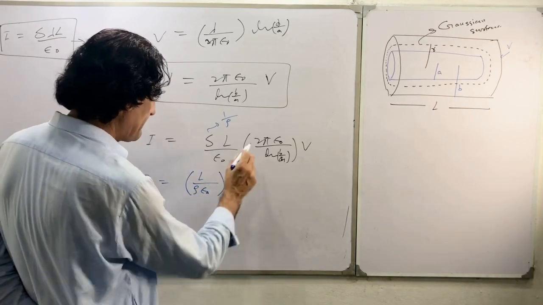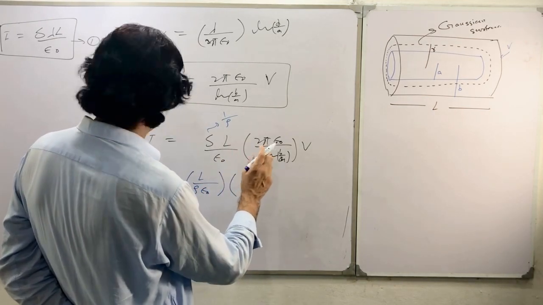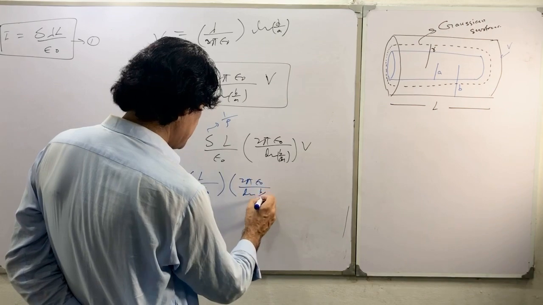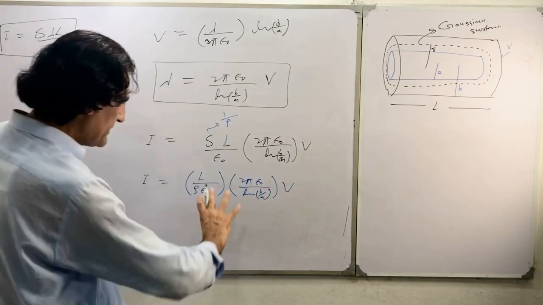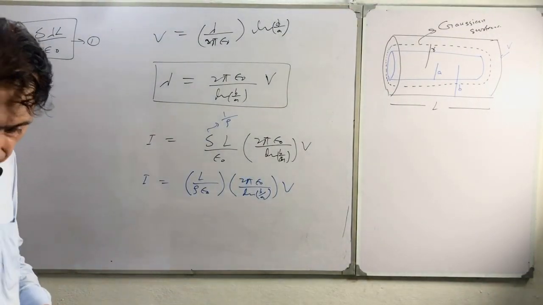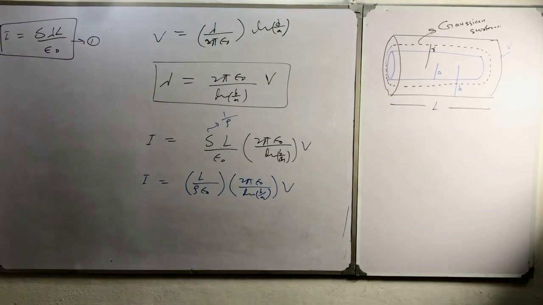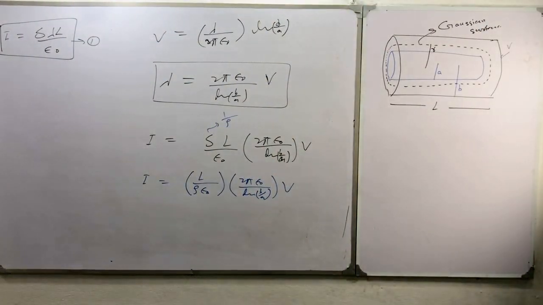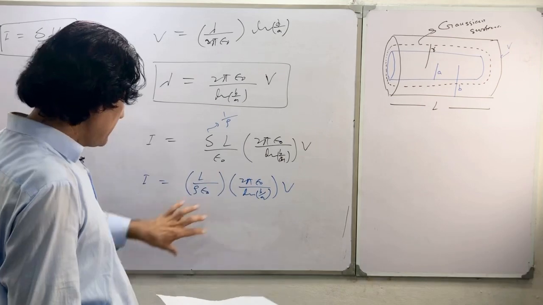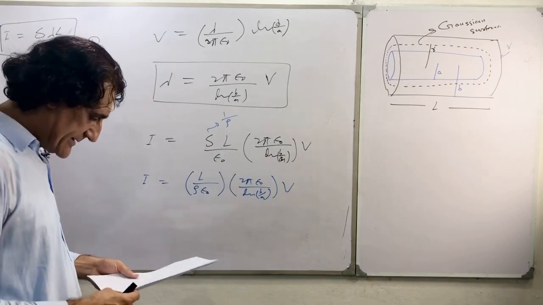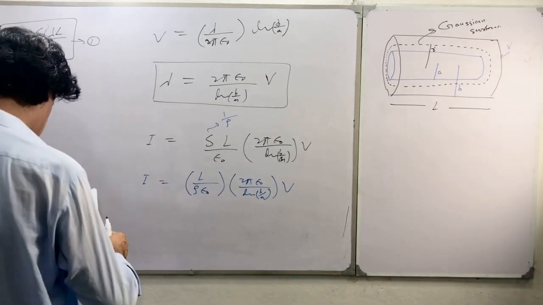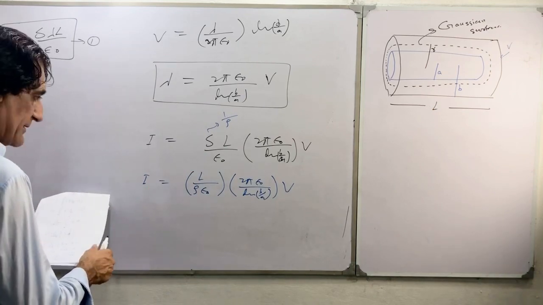times 2 pi epsilon naught over log of B divided by A, times V. If we move this whole term to the other side, then we can get the value of I. Let's see how.